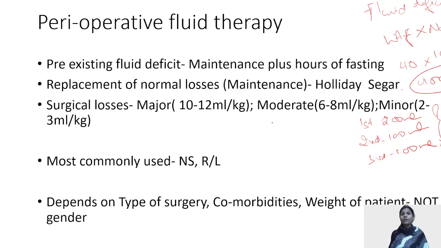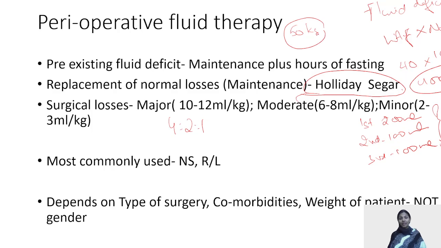Then the maintenance fluid is calculated using the Holliday-Segar formula. This is the Holliday-Segar formula which states the 4:2:1 rule. According to this rule, if the patient is, for example, 50 kgs in weight, this is very important because this numerical does come. For the first 10 kgs, you are going to give 4 ml per kg, that is 40 ml.